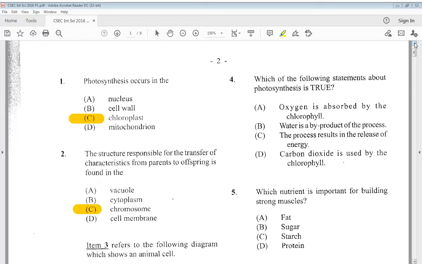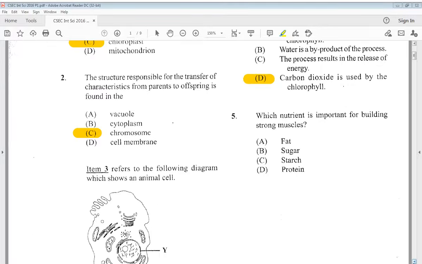D, carbon dioxide is used by the chlorophyll. So, we know it says true. Notice that? So, we're looking for the truthful statement. So, D would be the truthful statement. Carbon dioxide is used by the chlorophyll.